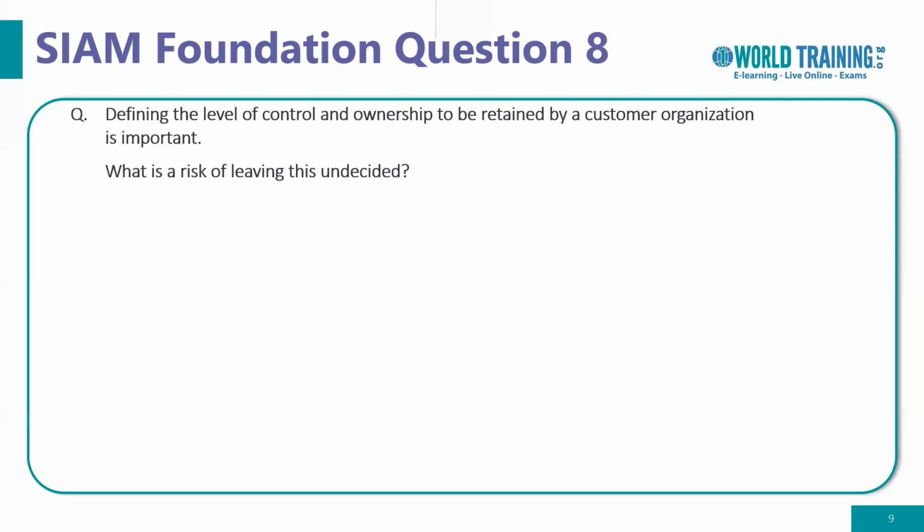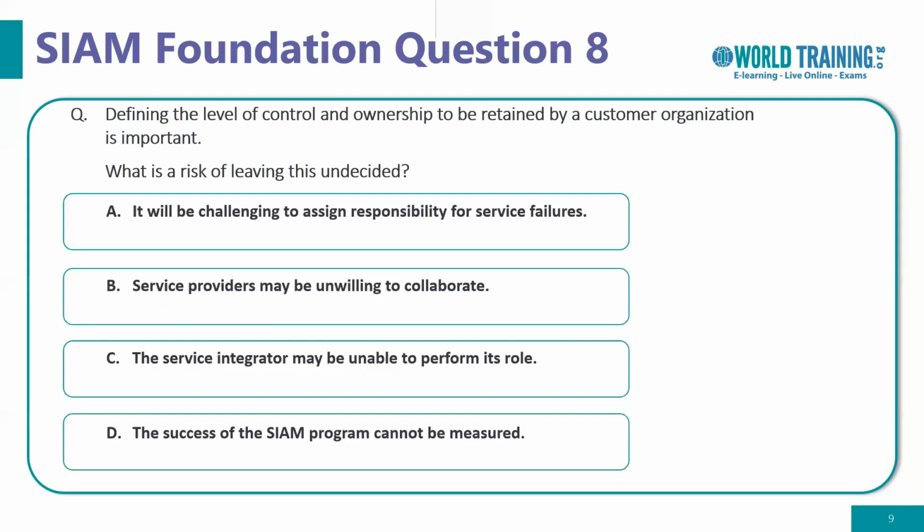And the risks are written here. It will be challenging to assign responsibility for service failure. Service providers may be unwilling to collaborate. The service integrator may be unable to perform its role. The success of the SIAM program cannot be measured.